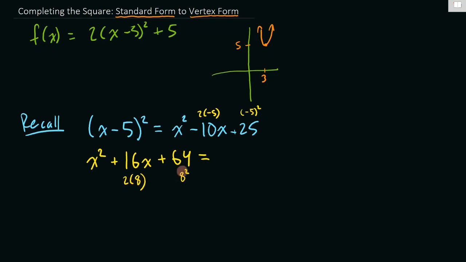And so anytime you've got that form where you've got a perfect square on the end and you've got double that square root and an a value of 1, you can factor it in one step: (x plus 8) squared. So the idea of completing the square is we're going to take some general quadratic that's not necessarily the right integer part at the end, but we're going to force it into this sort of perfect square shape. That's the big idea of today.